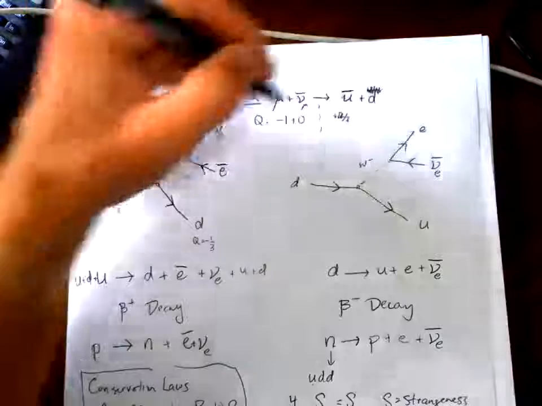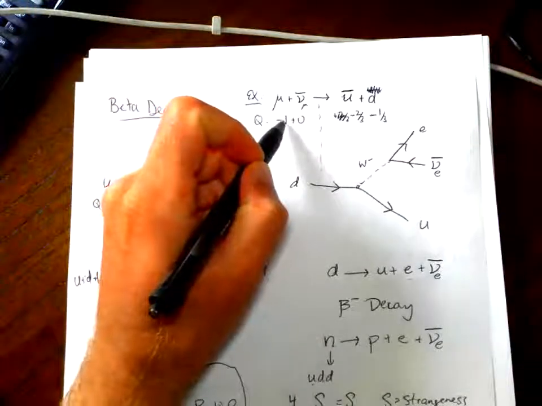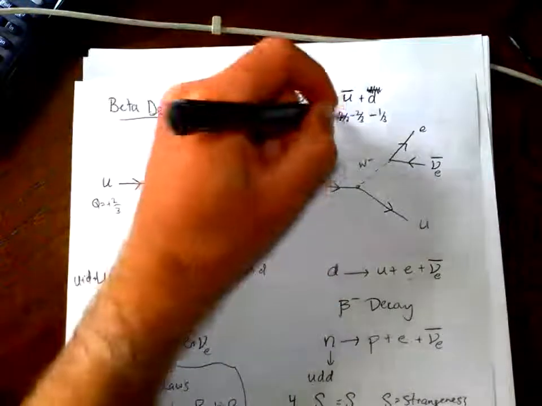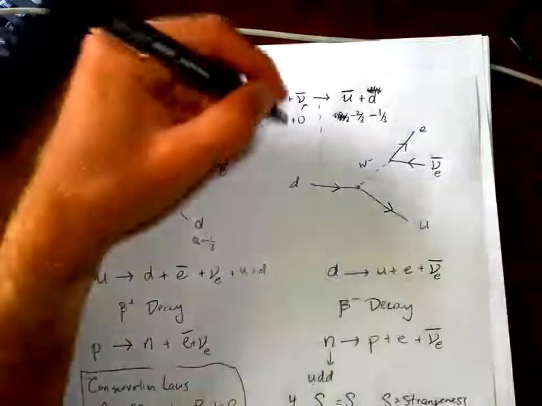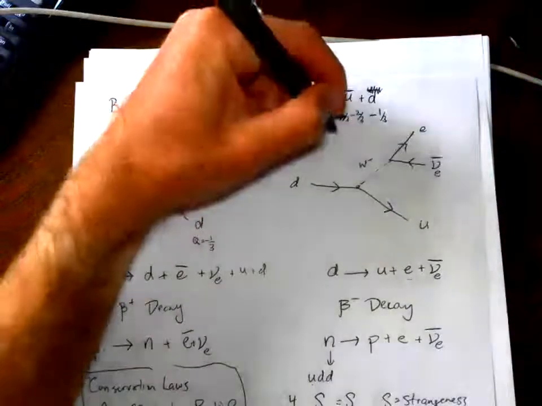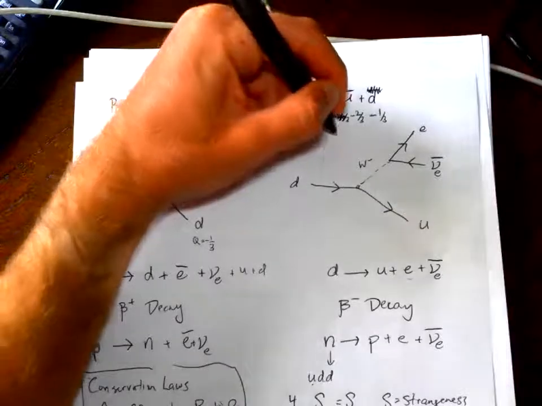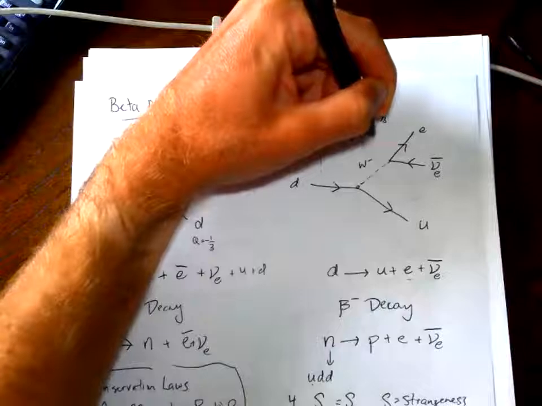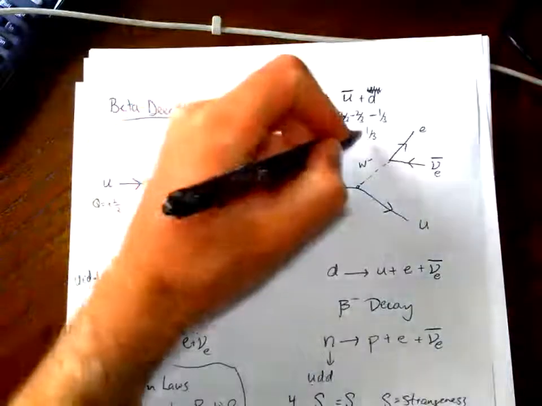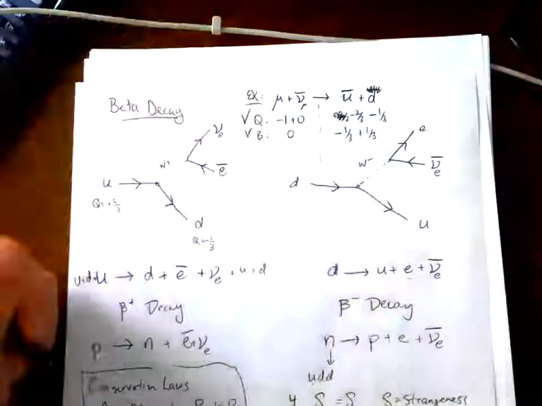My bad. See, we get -1 equals -1. So we're good in terms of charge. In terms of baryon number, an anti-up has a baryon number of -1/3. A down has a baryon number of +1/3. So you can see we have 0 equals 0. So baryon number is conserved.